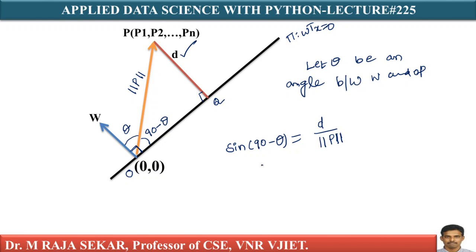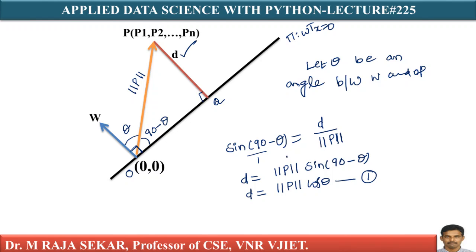If I cross multiply, I can write d equals norm P into sine of 90 minus theta. From elementary 10th class trigonometry, we know that sine of 90 minus theta is cos theta. Let it be equation 1.